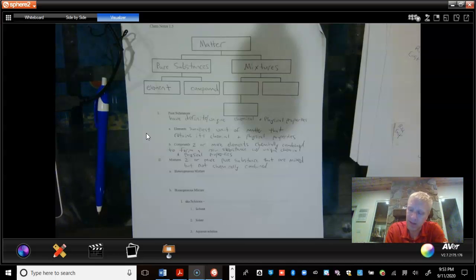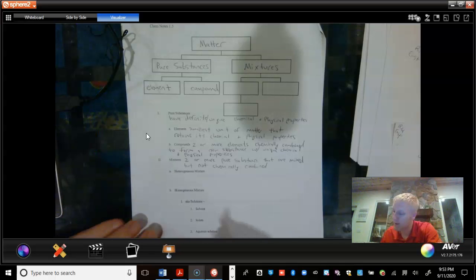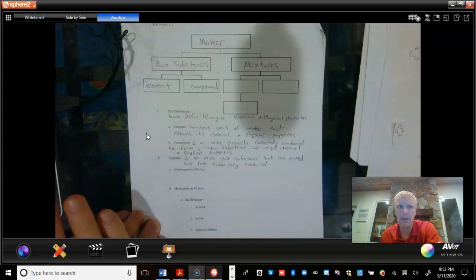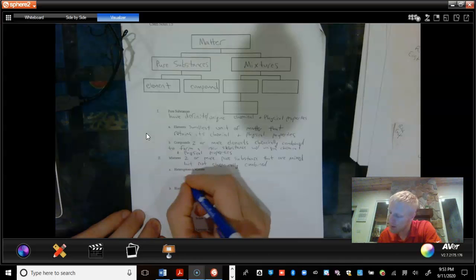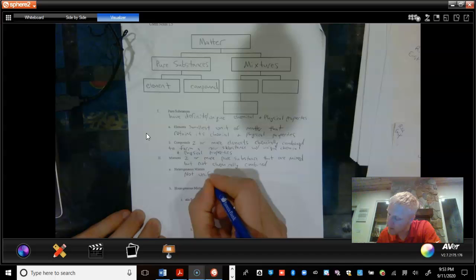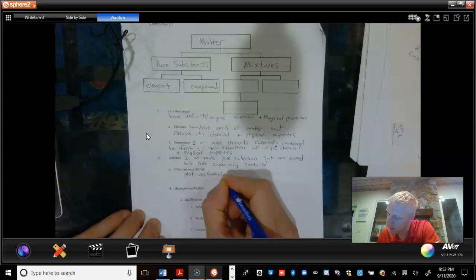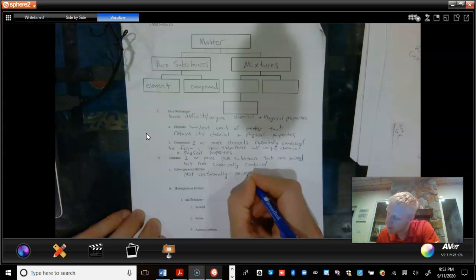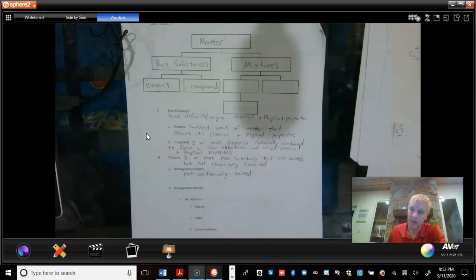So starting with heterogeneous mixture, that is where you have a non-uniform mixture. It is not uniformly mixed. So we're going to say it's unequally mixed.